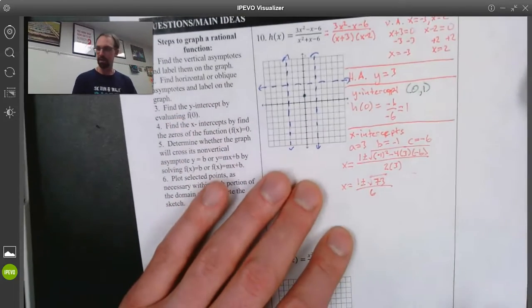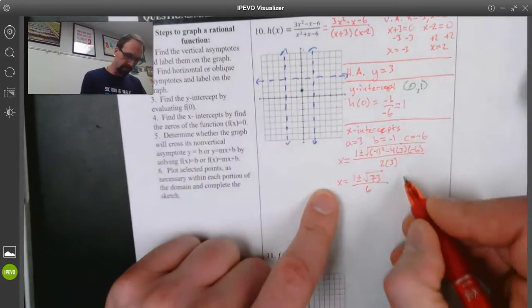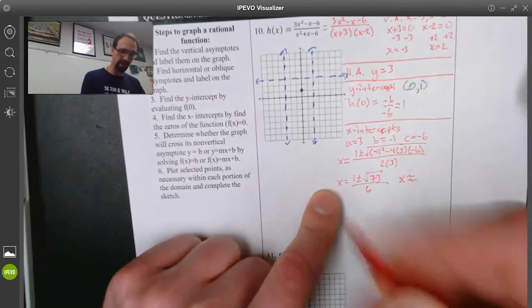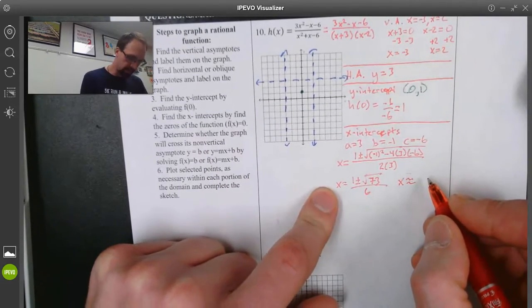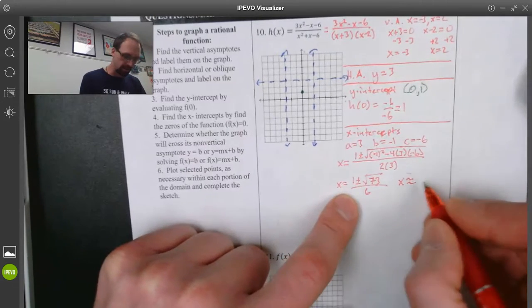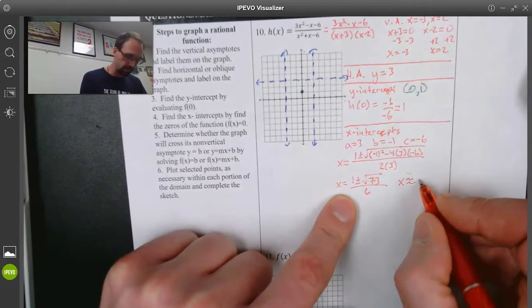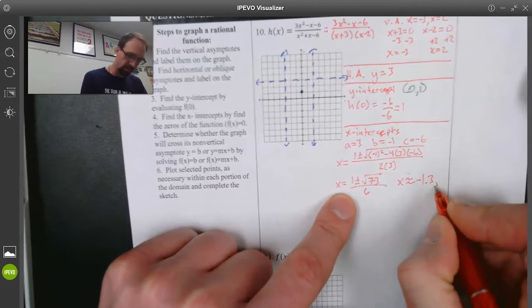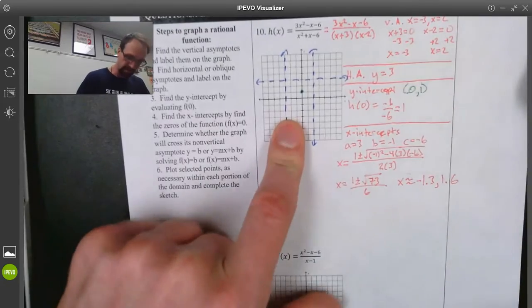So this is going to be irrational. So at this point, for graphing, because I want to get as close to it as possible, x is approximately equal to negative 1.3 and then approximately equal to 1.6. So these are my x-intercepts.